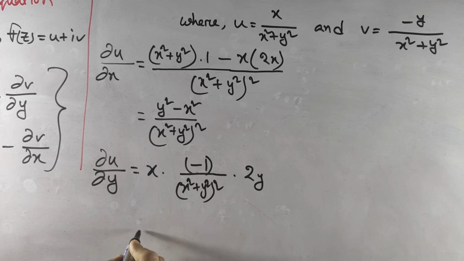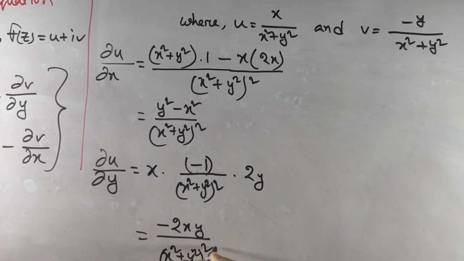So it will be minus 2xy divided by (x square plus y square) whole square.